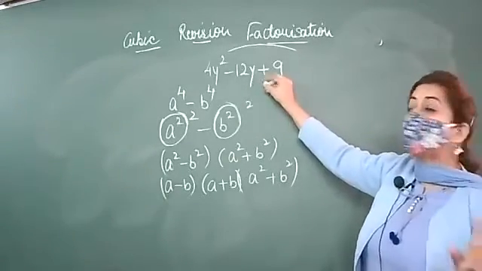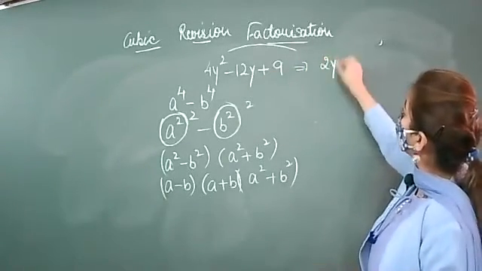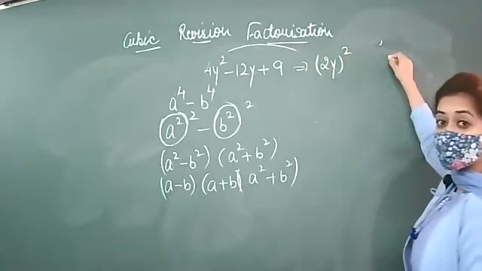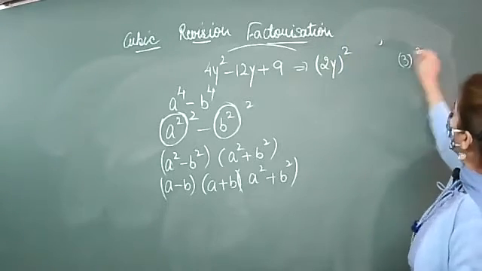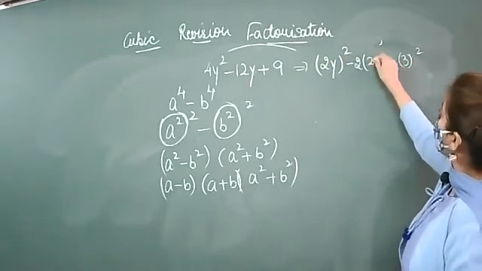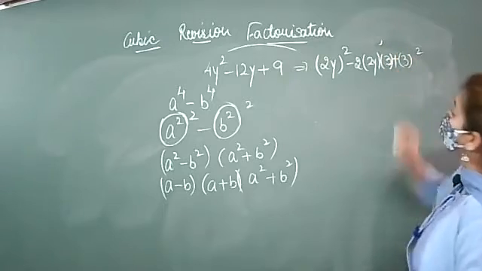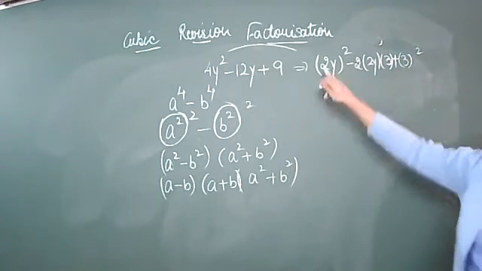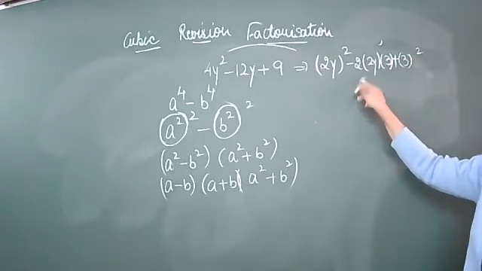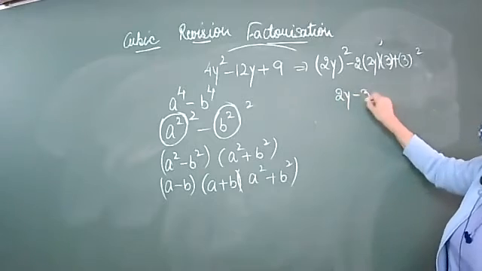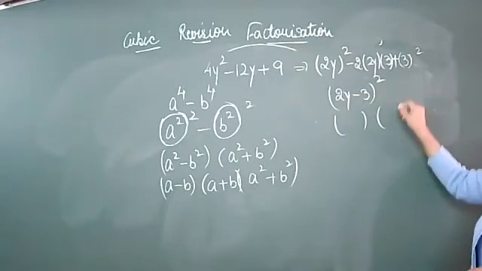In this, either you apply the identity, like 2y square, this is your 3 square, and in the middle 2a into b. Identity a square plus b square minus 2ab is a minus b whole square. Write it 2 times.